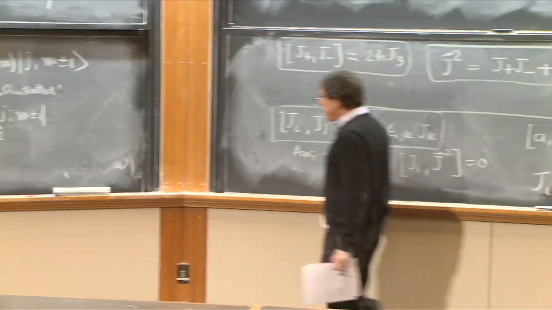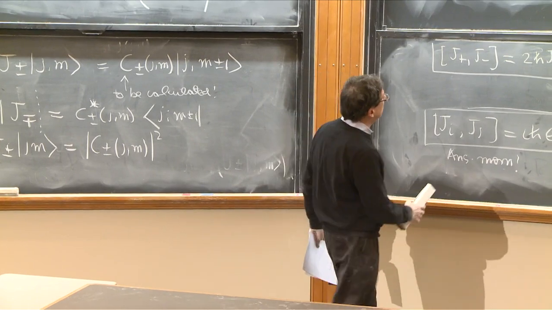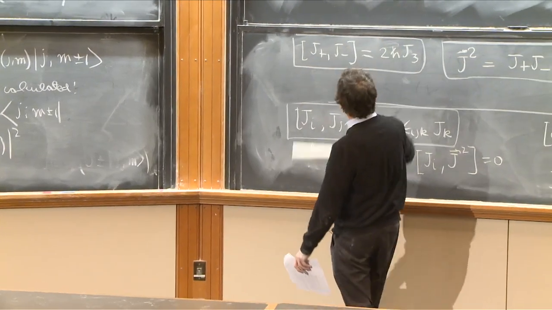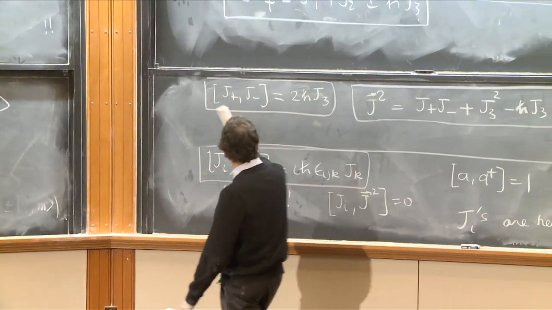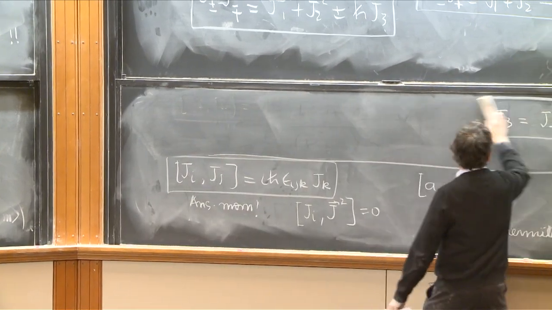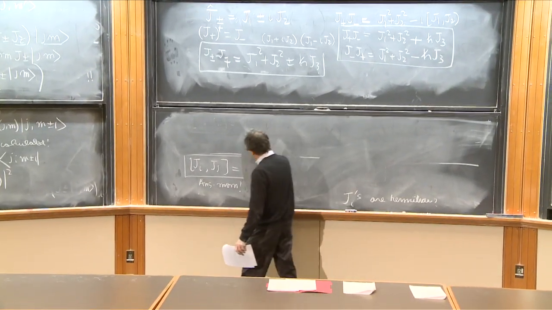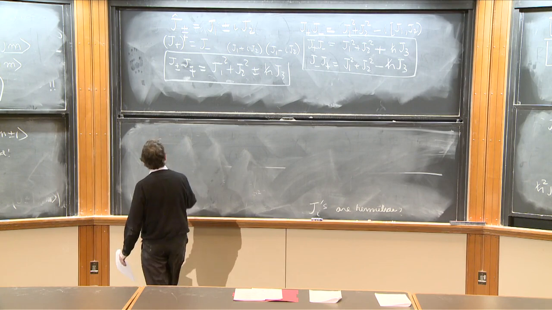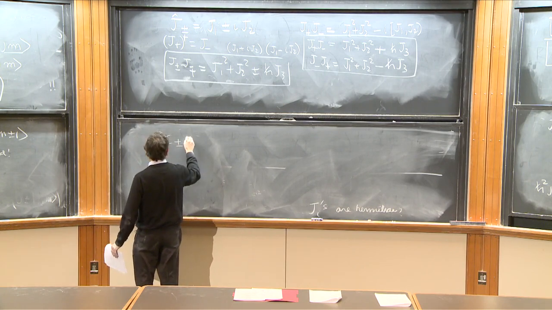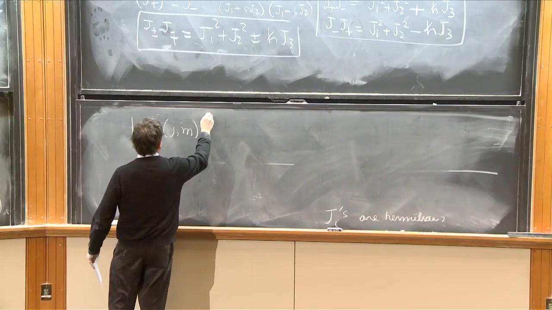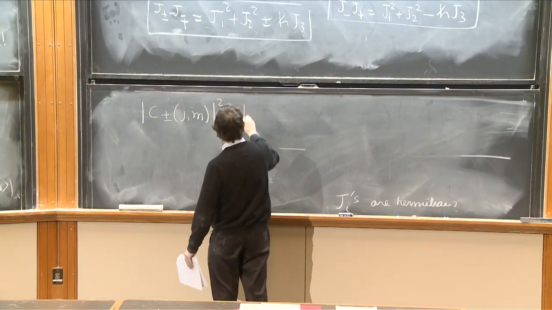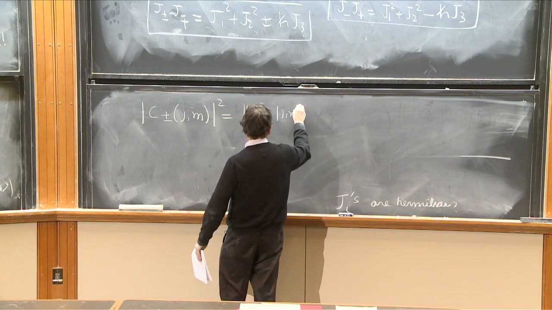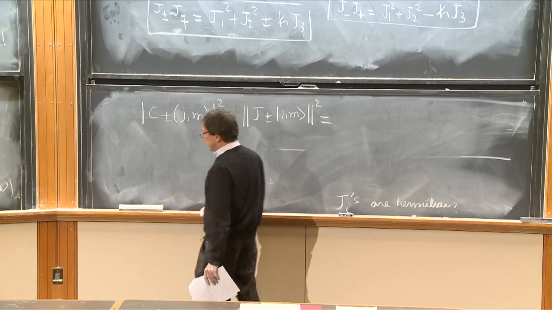Well, the left-hand side can be calculated. We have still that formula here. So let's calculate it. The left-hand side, I'll write it like this. I will have c plus minus jm squared, which is equal to the norm squared of j plus minus jm, is equal to what?